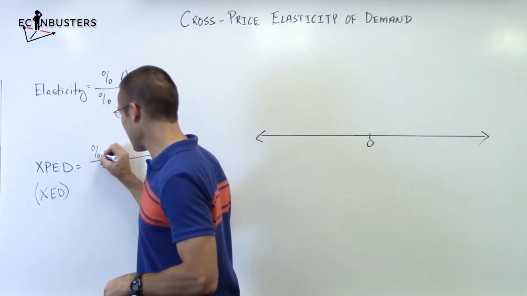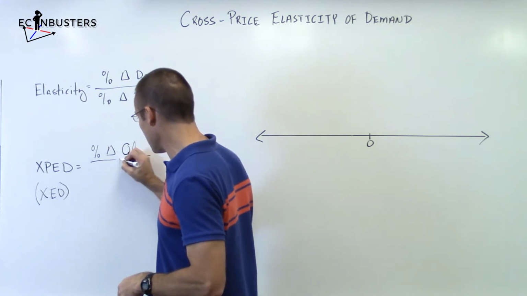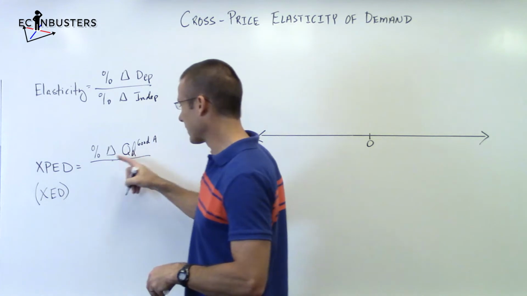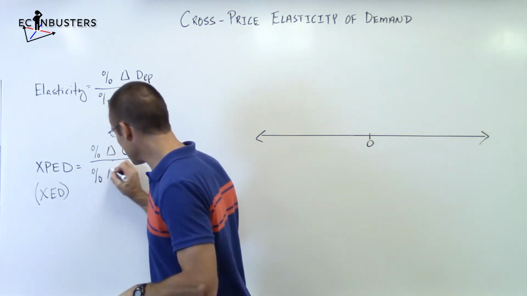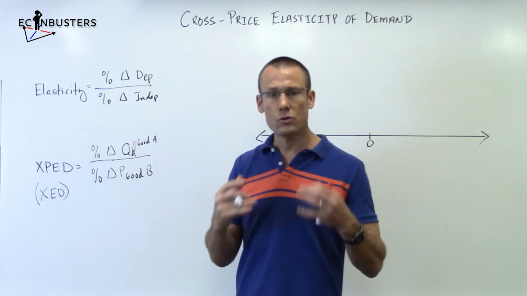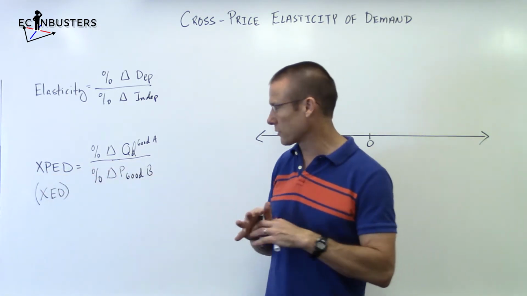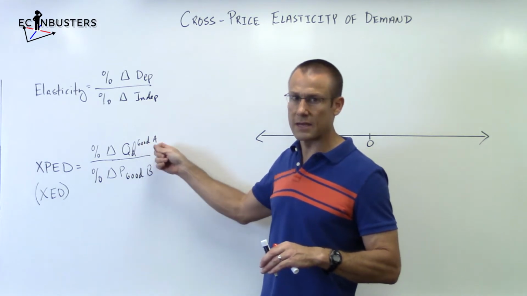Well, we've got the percent change of QD for a particular good, good A, so percent change in quantity demanded for good A with percent change in price of good B. So we've got two different goods. That's that word cross right there. We're looking at two different goods, a price change for one and the QD change for the other.